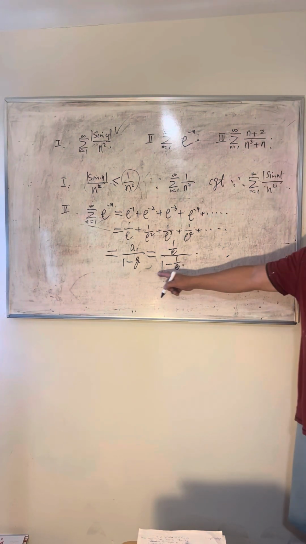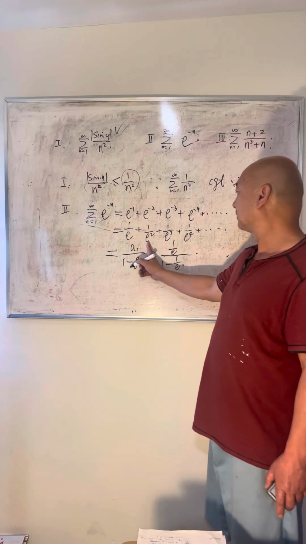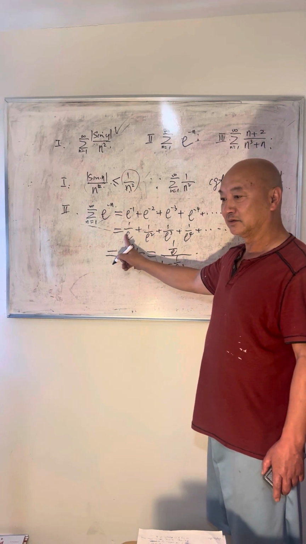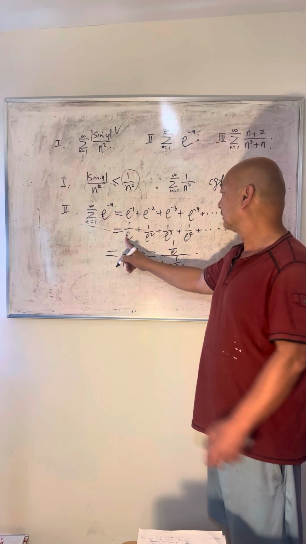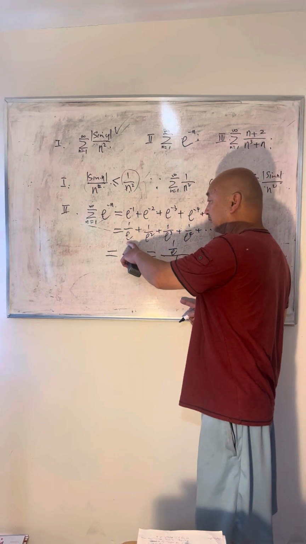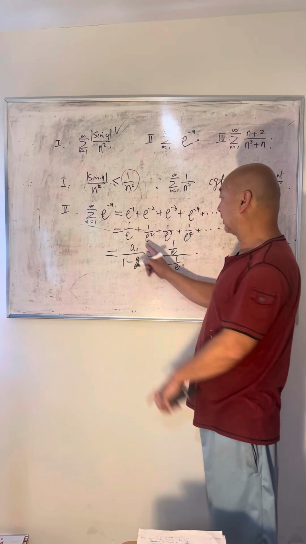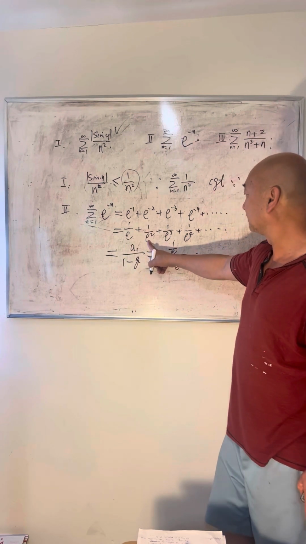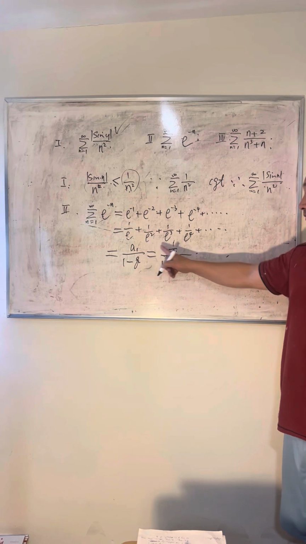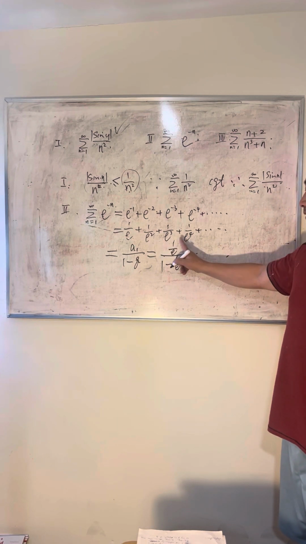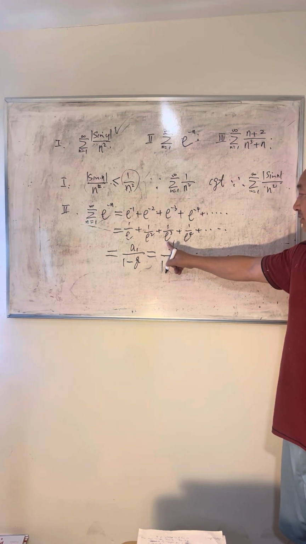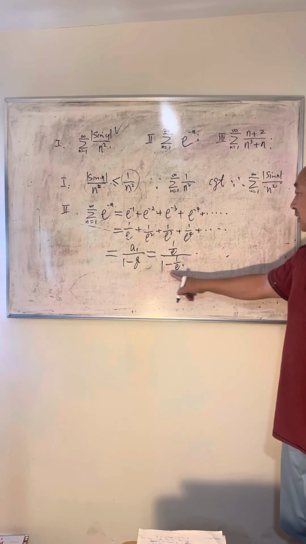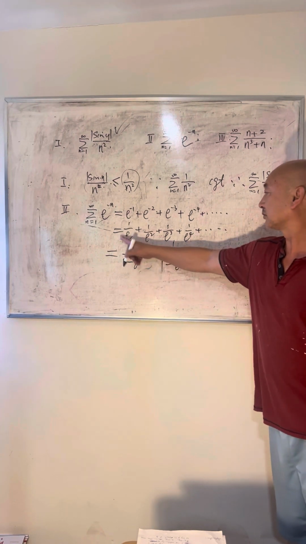The common ratio q is the next term divided by the previous term: second term divided by first term, third term divided by the second term. The ratio is 1 over e, so q is 1 over e, and the first term is 1 over e.